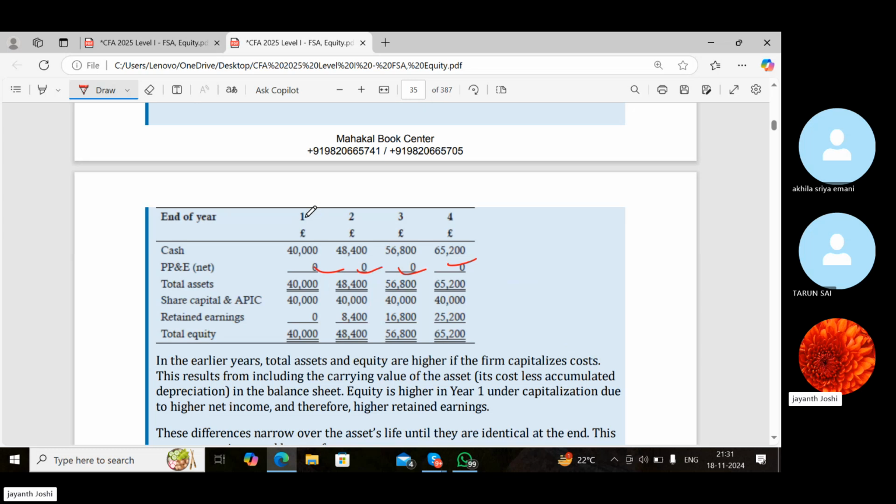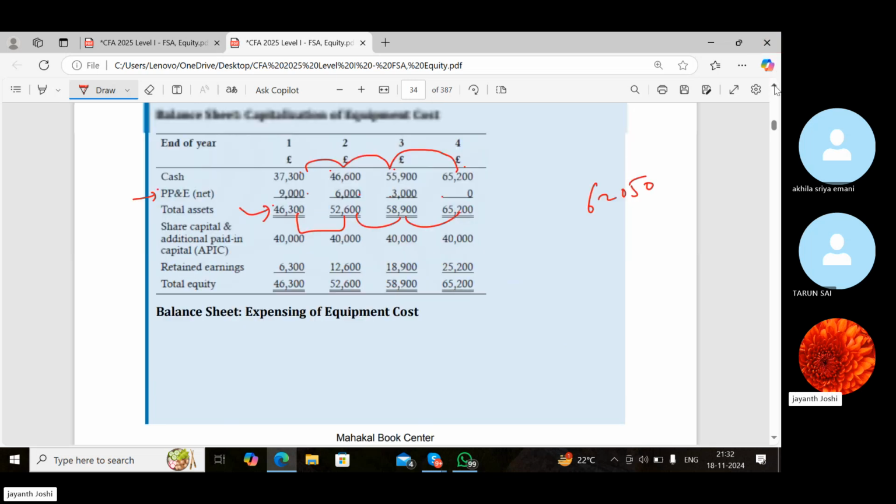Okay, so this is the case. First year cash is this, second year cash is this. Every year 8,400 wise cash is increasing. See, here you have 40,000 and then next year it is 48,400. We have to check the things here.